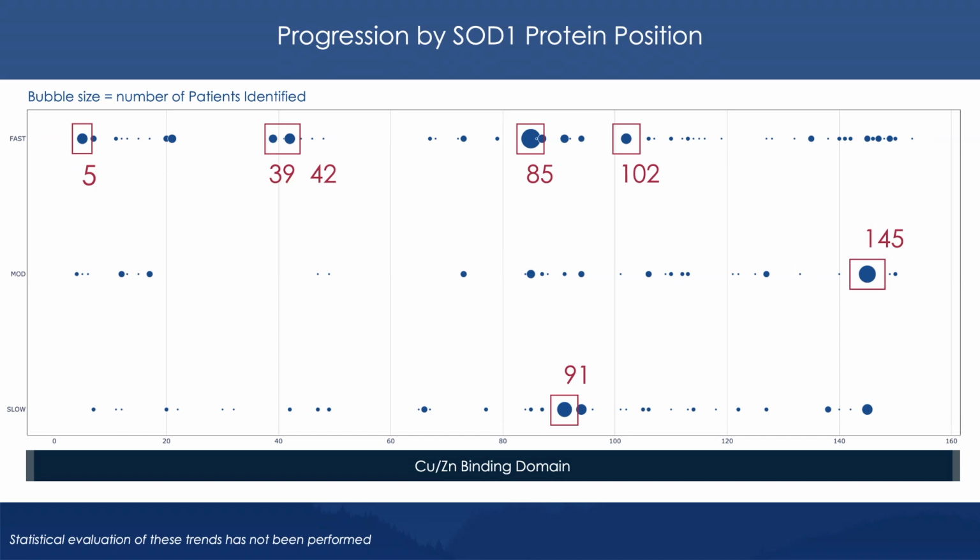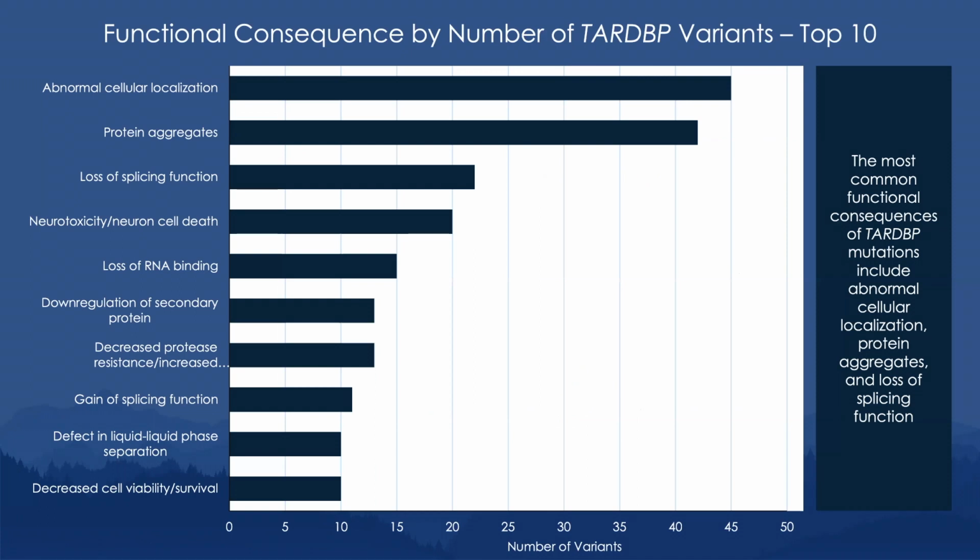different variants in the SOD1 protein confer different functional effects. And speaking of functional effects, this is now a different gene, the TARDBP gene, where for each of the patients where there were variants in the TARDBP gene, I'm showcasing here on the bottom there, the number of variants which have a description of their functional consequence based on empirical studies of in vivo or in vitro functional studies for TARDBP.